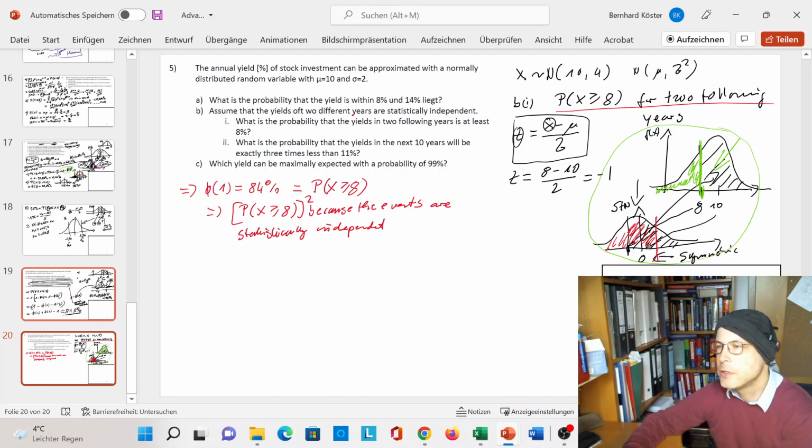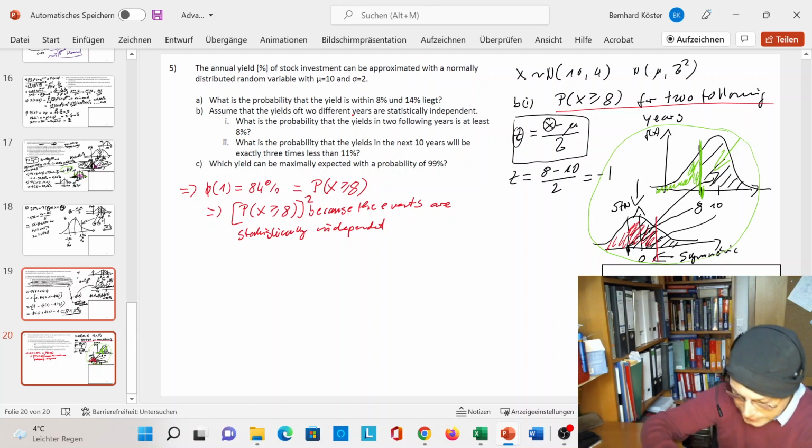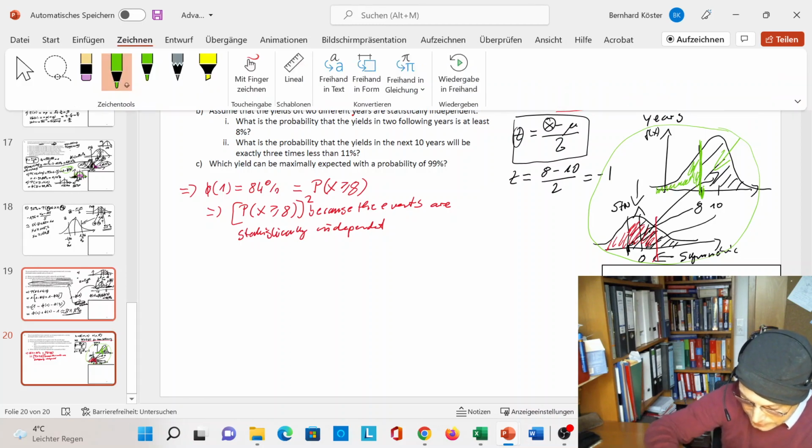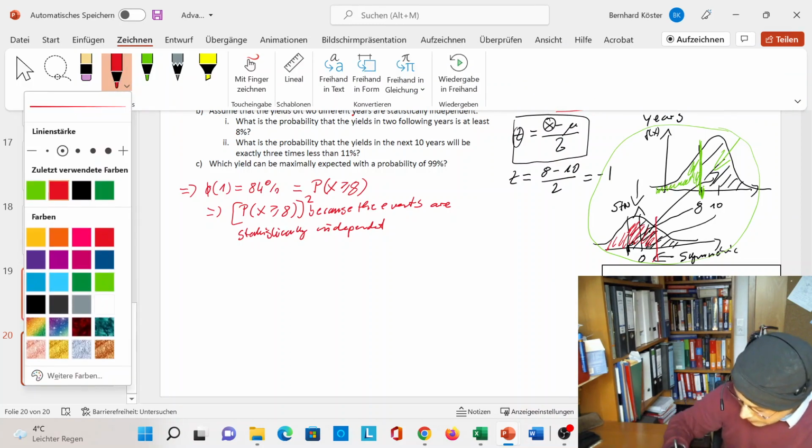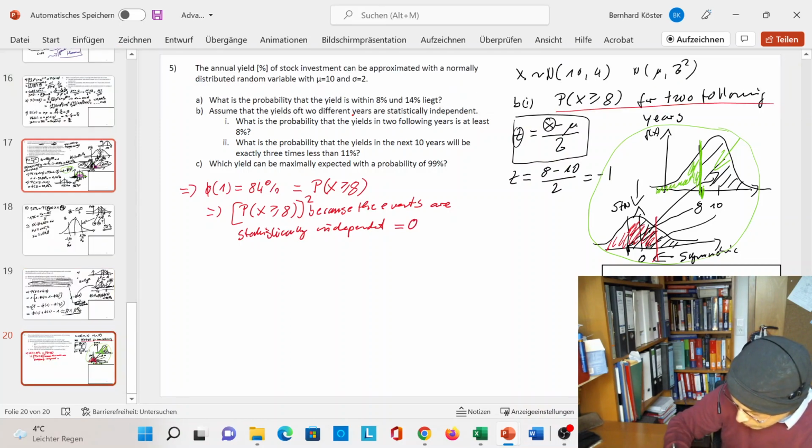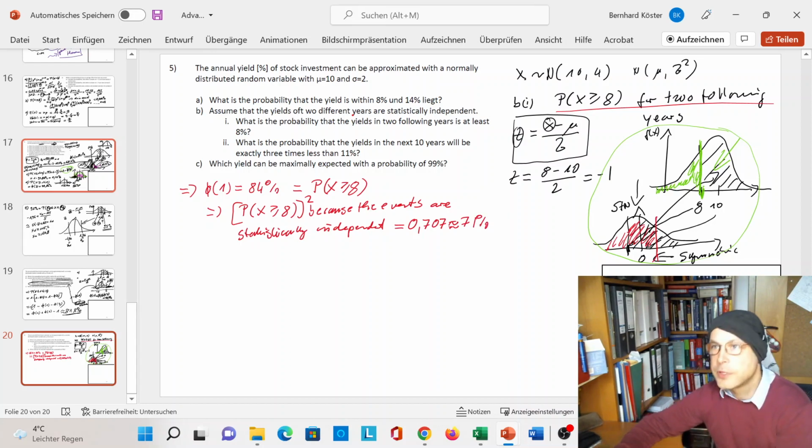You really have to know what you are doing and how to interpret your results. Please keep this in mind. So, therefore, we obtain here 0.707, roughly 71%. So this is the probability that 2 times in a row we have more than 8% yield of our bond, or what else you interpret your investment up here.